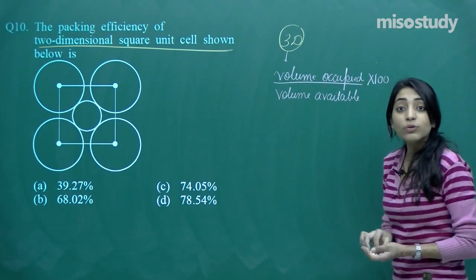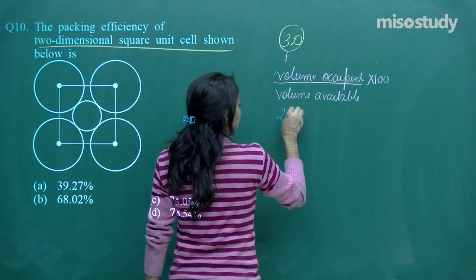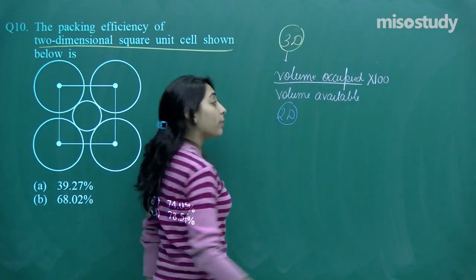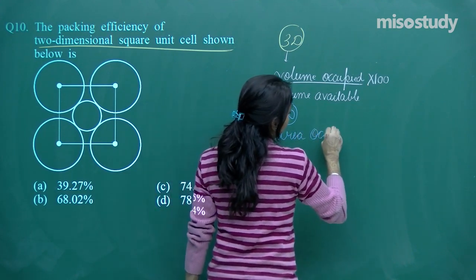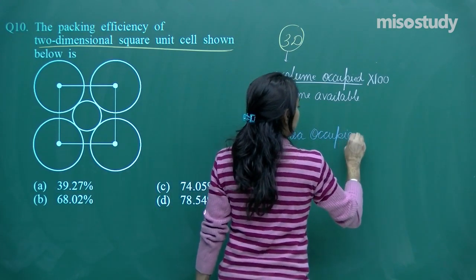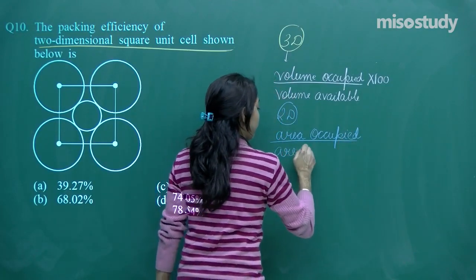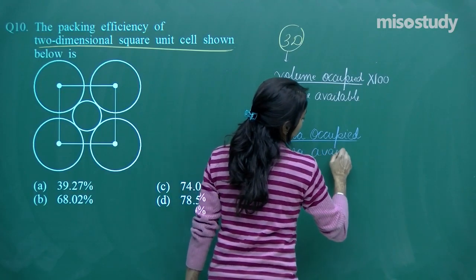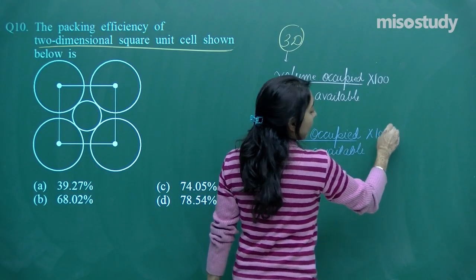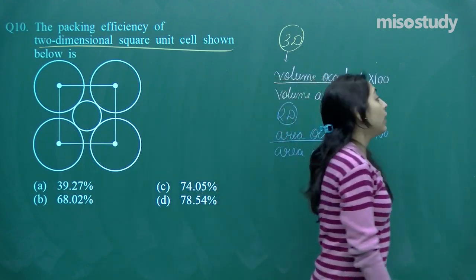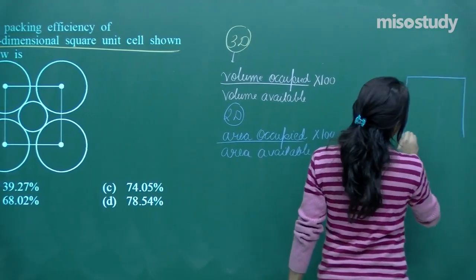But since we are talking about a 2-dimensional square close packing, the packing efficiency will be given by area occupied divided by the area available, multiplied by 100. What should be written as the area?